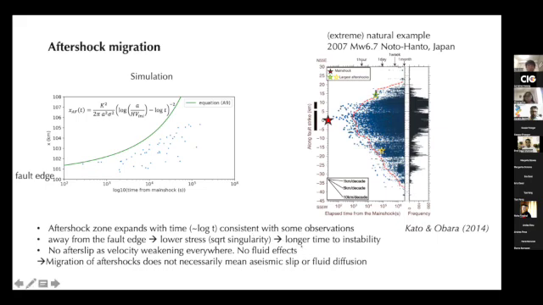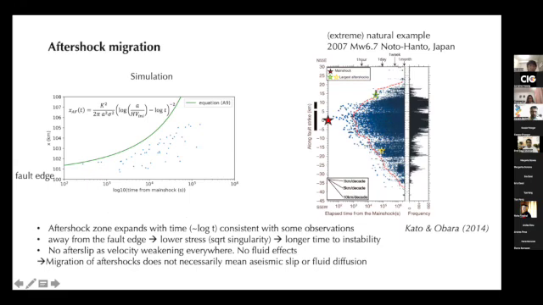And from rate and state friction, the lower stress means longer time to instability. So this apparent diffusion is just reflecting the difference of time to instability, which is coming from the difference of perturbed stress from the mainshock. And with some assumptions, we can get an analytical solution for this.